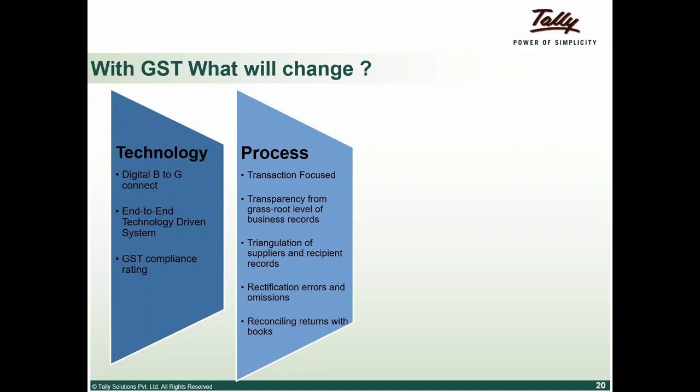Either way, your books of account should be accurate so that your return is accurate. Or the government, with GSTR 1, GSTR 2, is going to give the missing information. I have to take that missing information and ensure it is not only taken care of for compliance, but also updated in my books of account for future references.